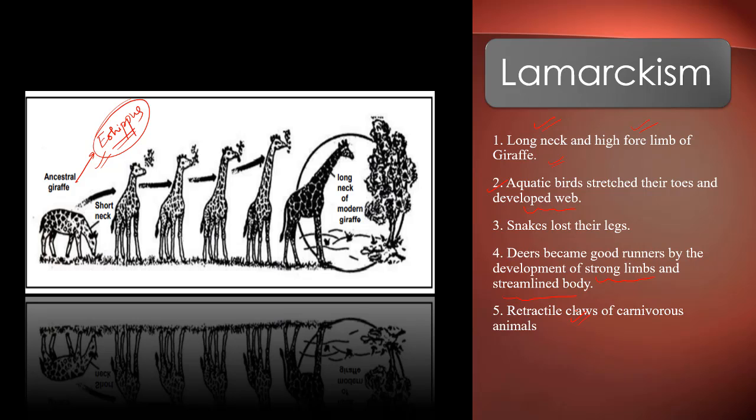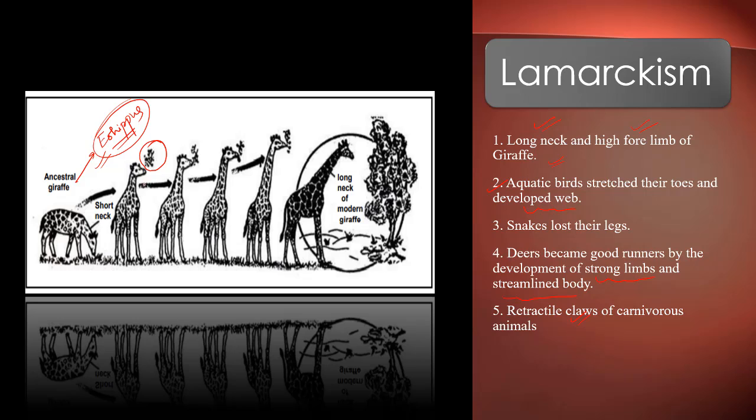So in this picture, you can see this ancestral giraffe has a short neck to fulfill its food requirement. The giraffe is trying to catch the leaves of the tree, but the leaves are above its height.